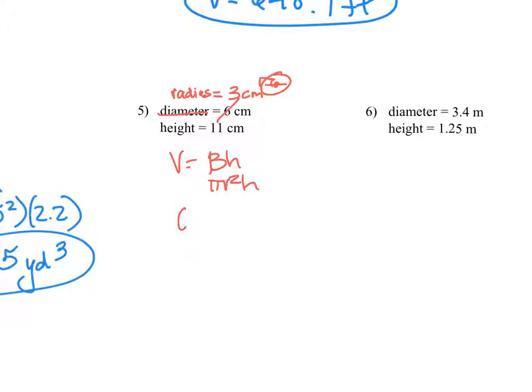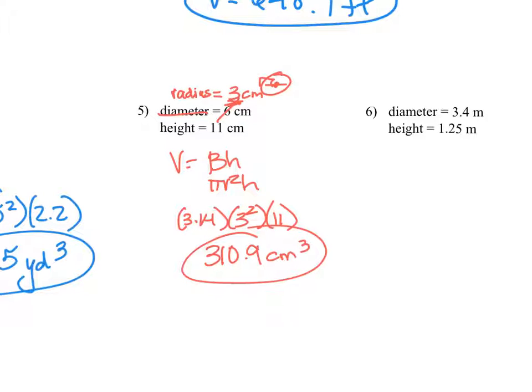So I've got pi 3.14 times the radius, which is 3, not 6. 6 was my diameter. So 3 squared, and my height is 11. So 3.14 times 3 squared times 11. Then you get 310.86. So I'm just going to do 310.9 centimeters cubed.